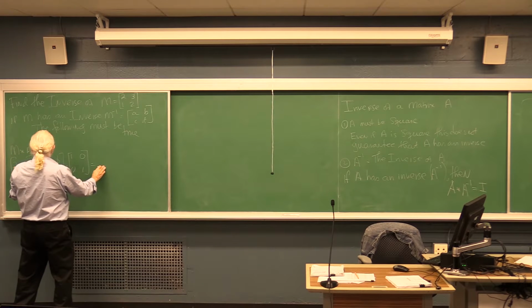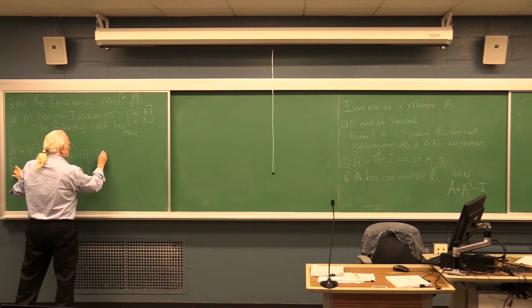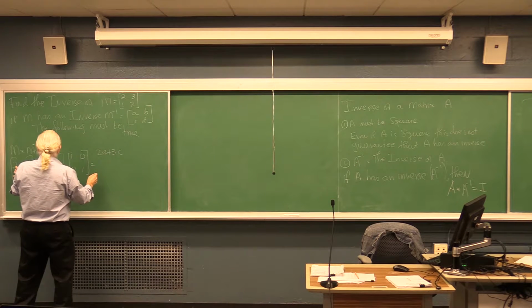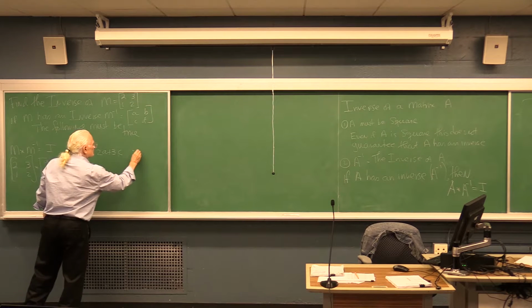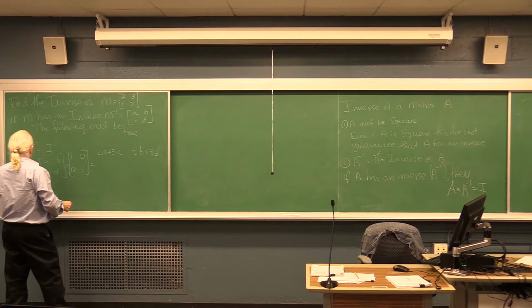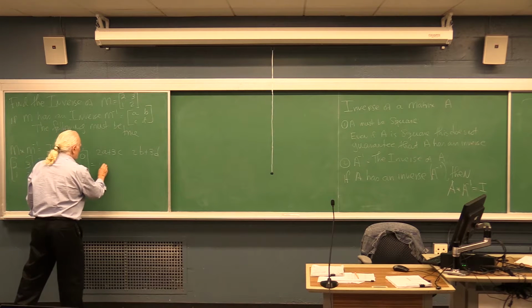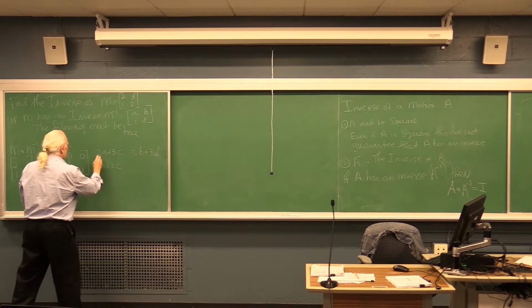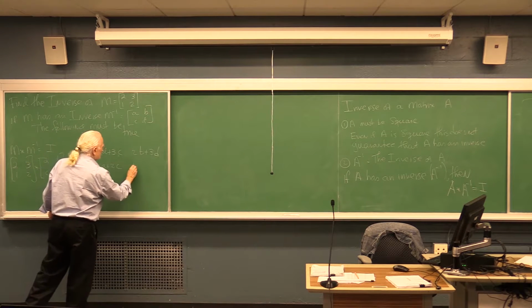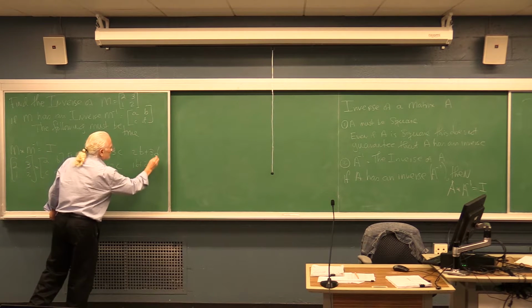So that will be 2A plus 3C, then 2B plus 3D, then 1A plus 2C, and 1B plus 2D.